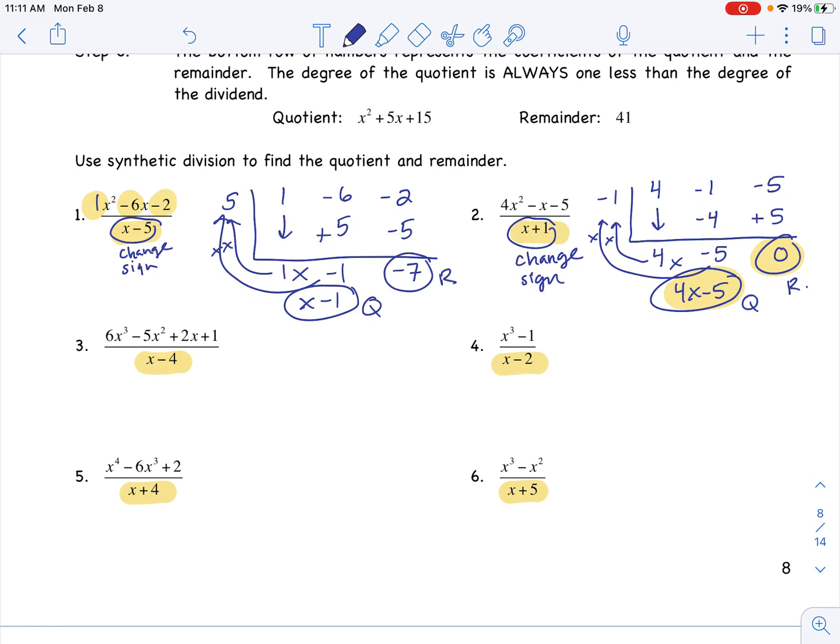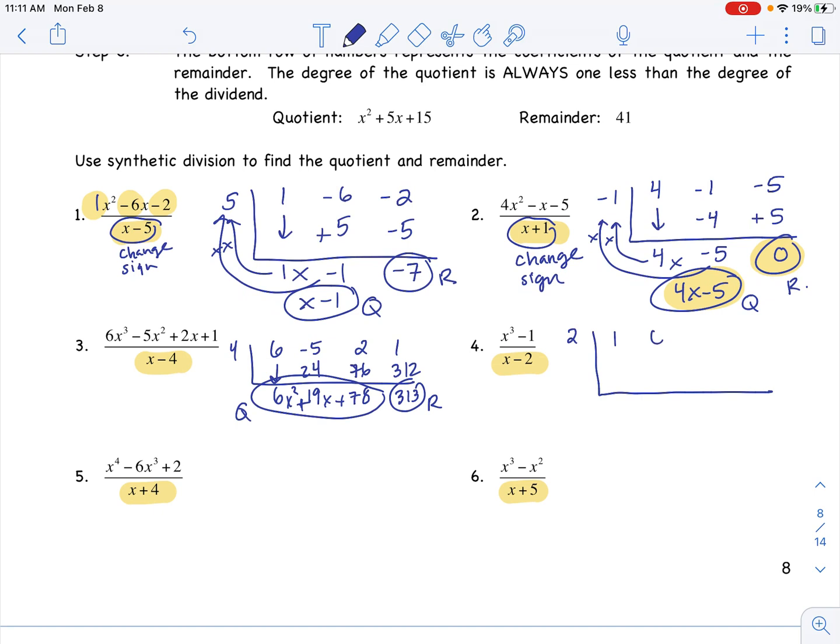So I'll go ahead and put the answers on here as you're working. Don't forget placeholders. All right, answers to 3 and 4 are up.